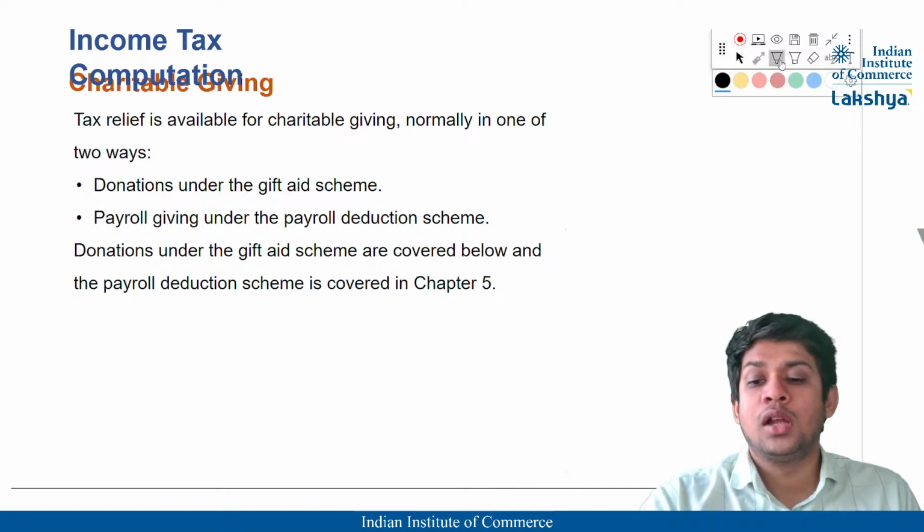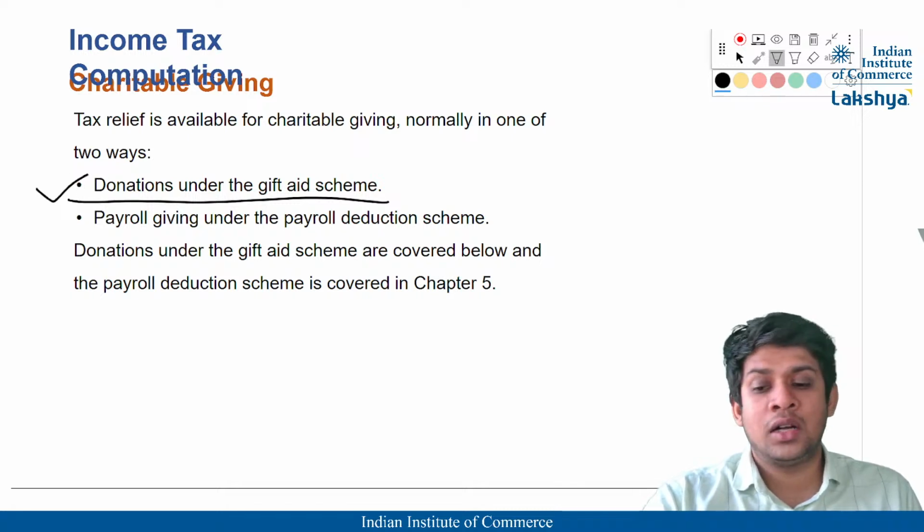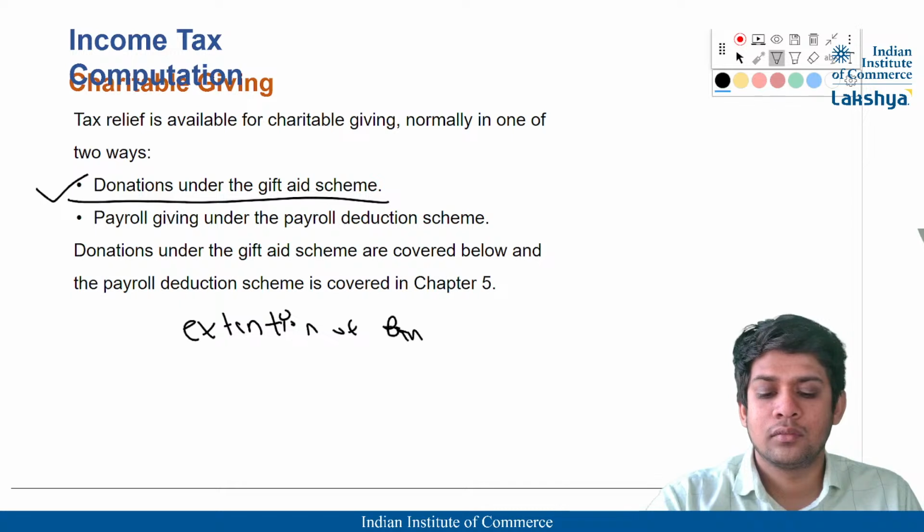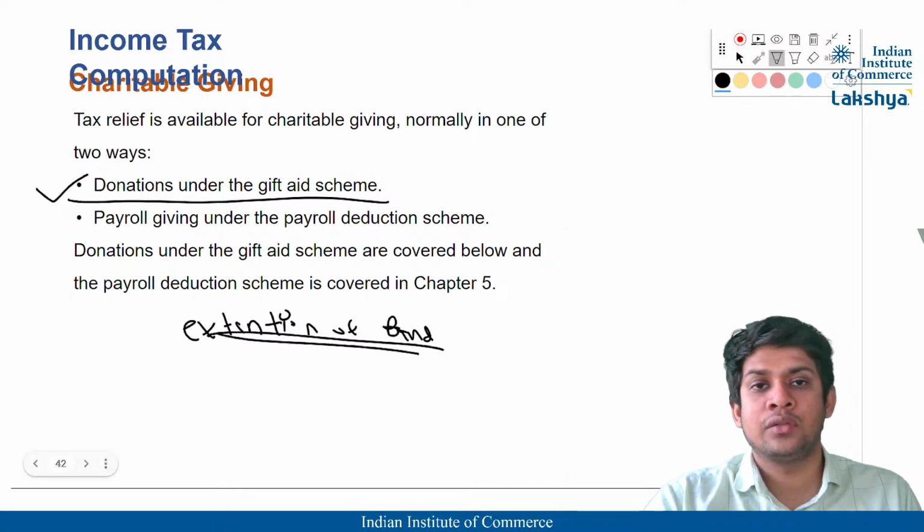Now for donations that an individual has made under the Gift Aid scheme, there is a separate relief. It is not directly deducted from the total income to get net income. The relief is given in a separate way, in the form of extension of the band.